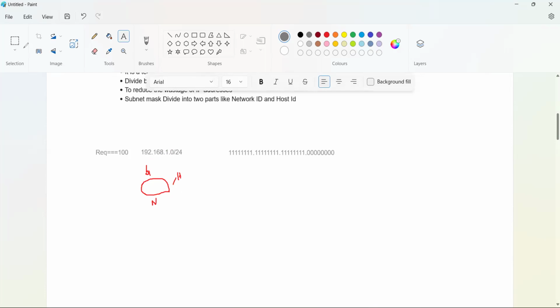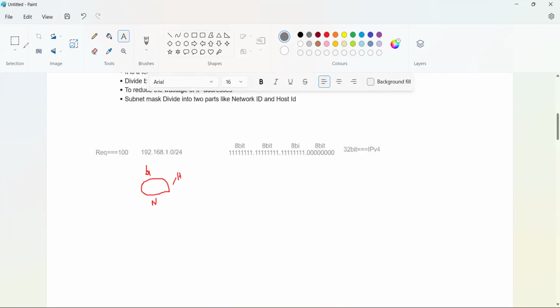Totally 32 bits. That is our IPv4, which has 32 bits.